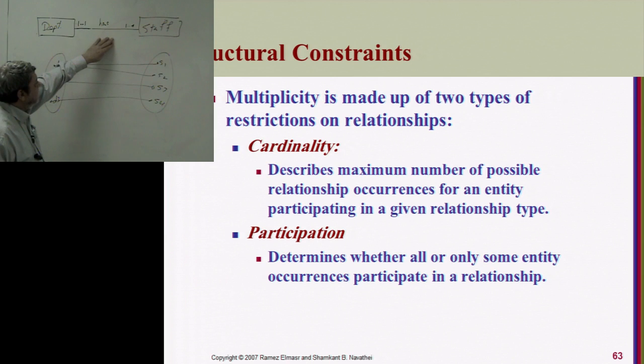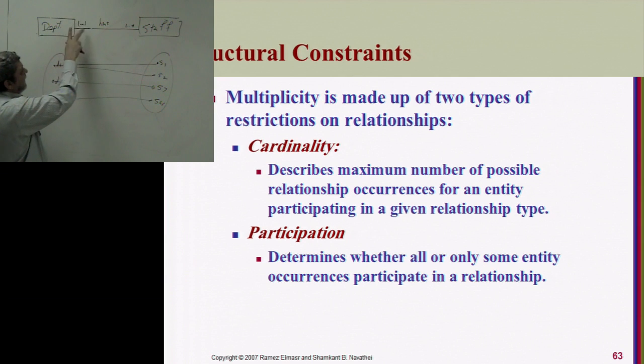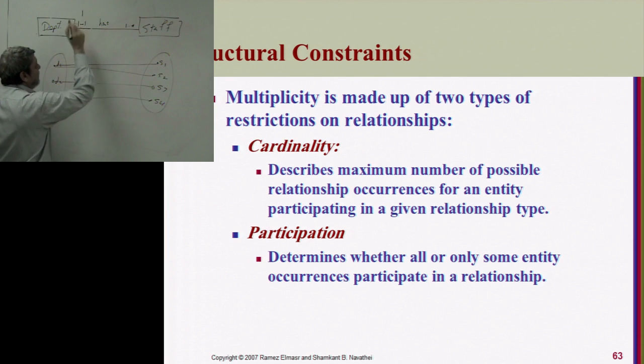So in this case, we write it this way. If both cardinality and participation are equal, like this case, we write what? It's sufficient to write 1. Only 1 number means that both are the same, the minimum and the maximum.